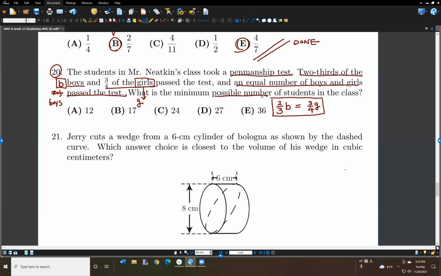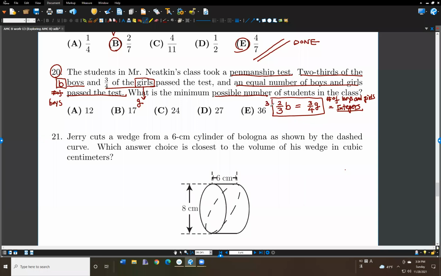You know the number of people, the number of boys and girls, must be an integer. It can't be a fraction. Now first we can express B in terms of G, that is better.